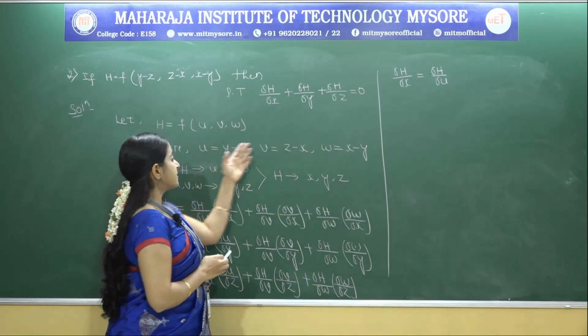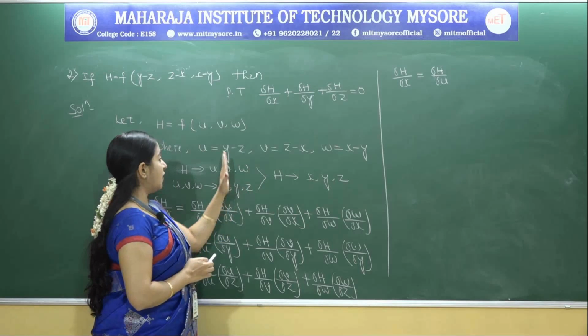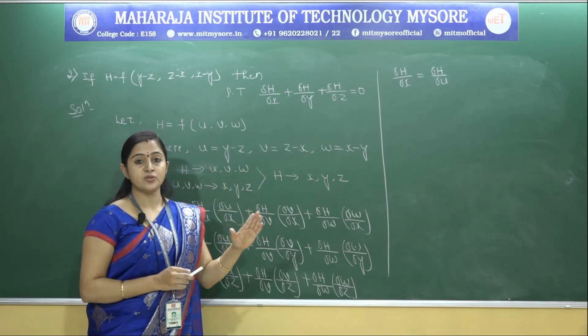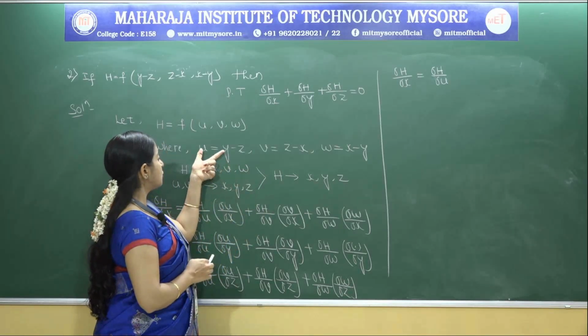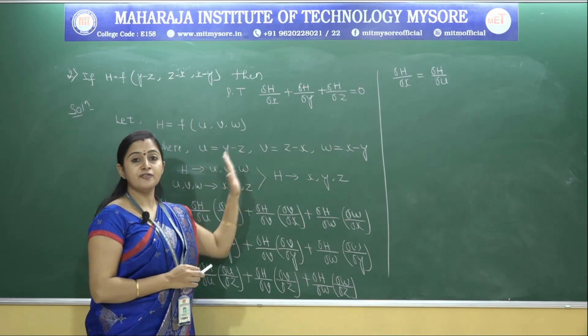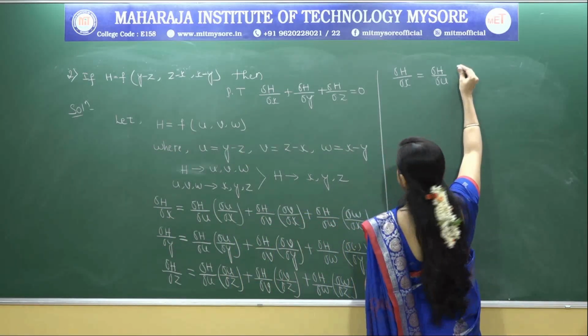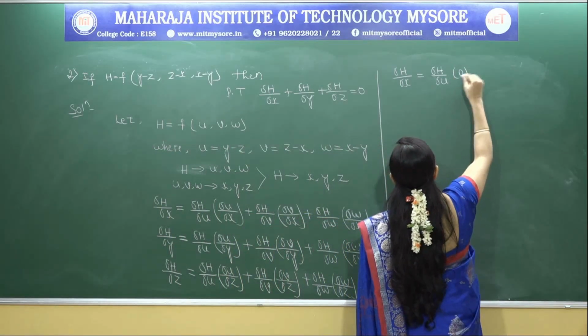Since you have the three variables here, x, y and z, first with respect to x you have to keep the y and z terms constant. So u with respect to x means these two variables are constants, so the differentiation is 0.